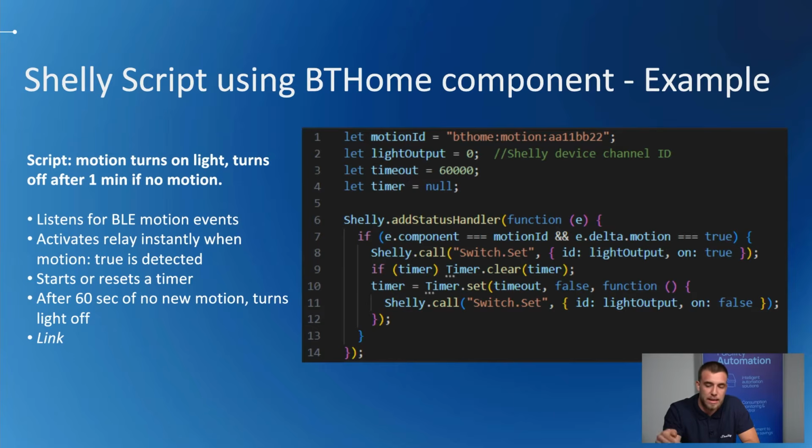And later in the Shelly call, on line number 8, we have the switch set action, which basically once the motion is detected, switches on the output of the device for 60 seconds. We have a timeout of 60,000 milliseconds, which is 60 seconds.